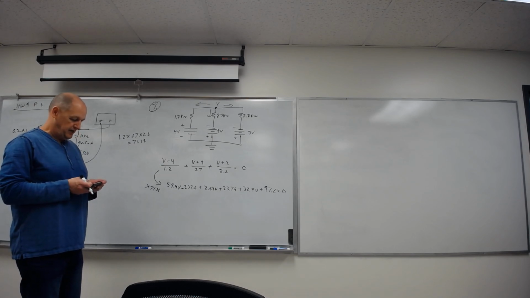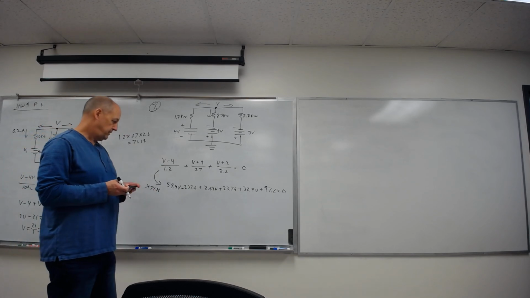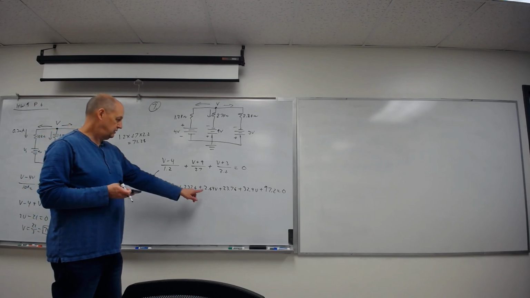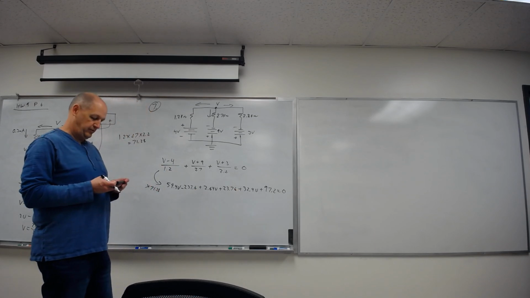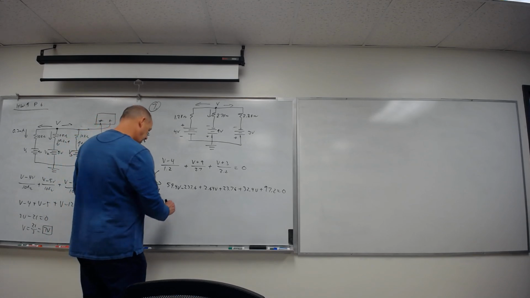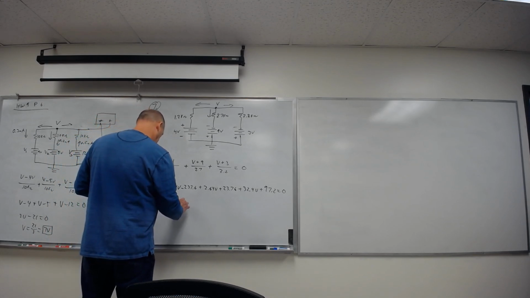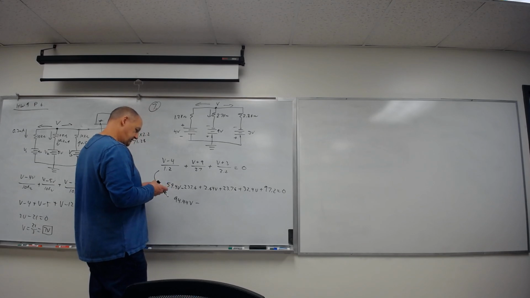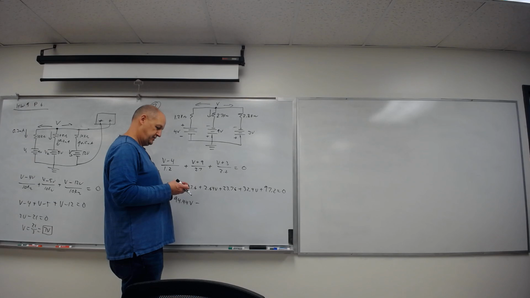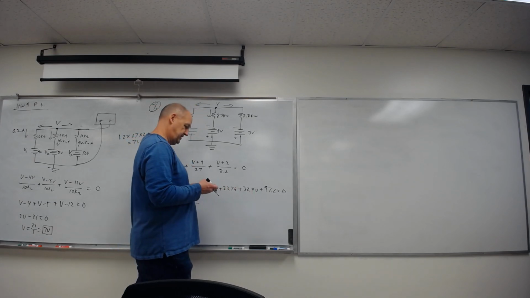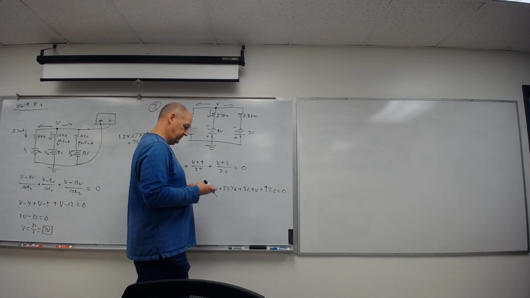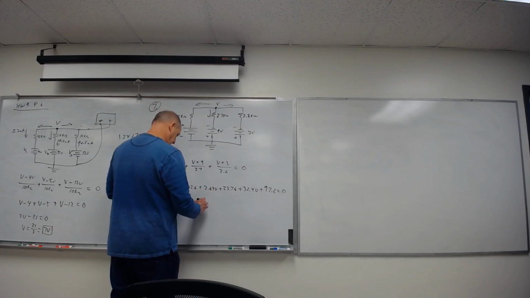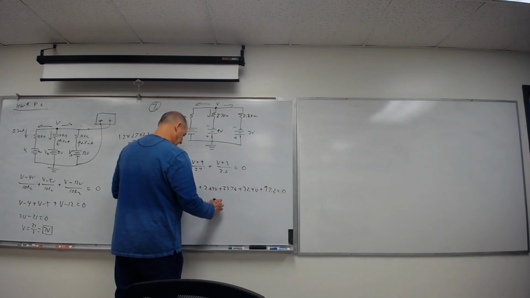So now if I go 59.4 plus 2.64 plus 32.4, I end up with 94.44 V. I take negative 237.6 plus 23.76 plus 97.2, I'm left with minus 116.64.